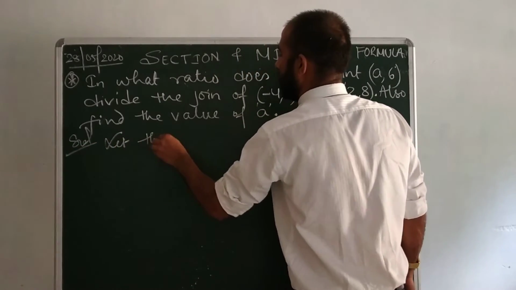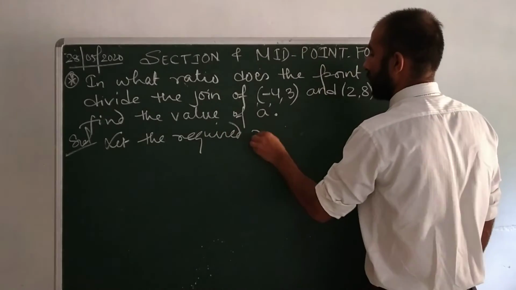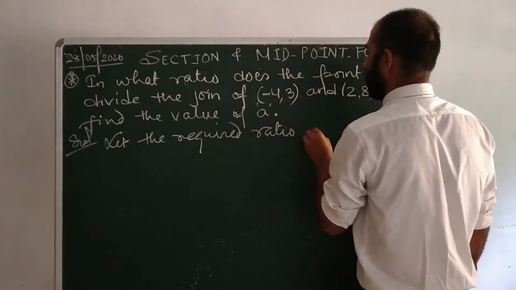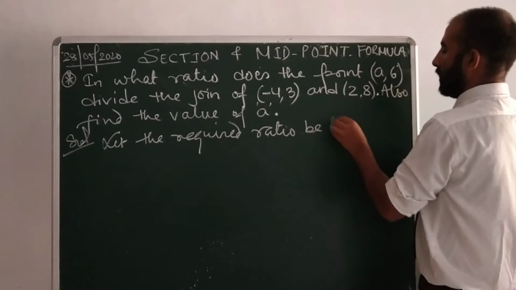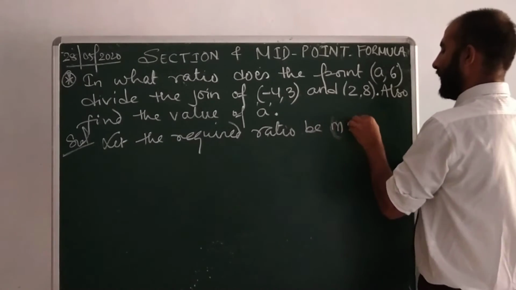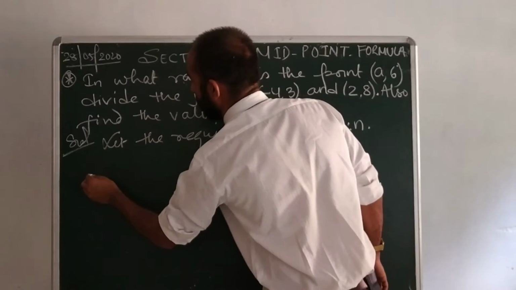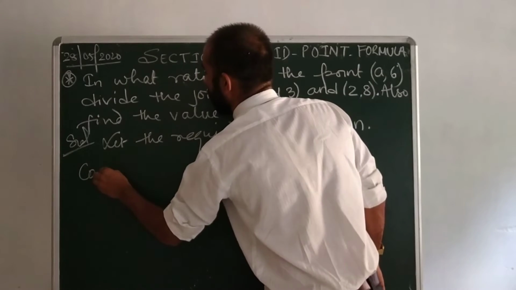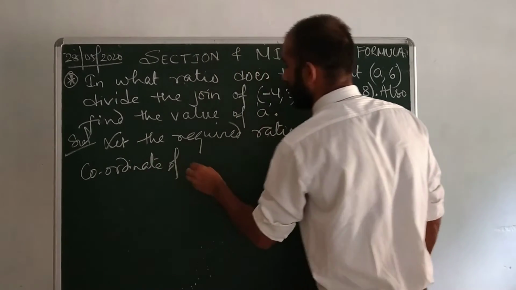Let the required ratio be m:n. Coordinate of intersection, let's find out.